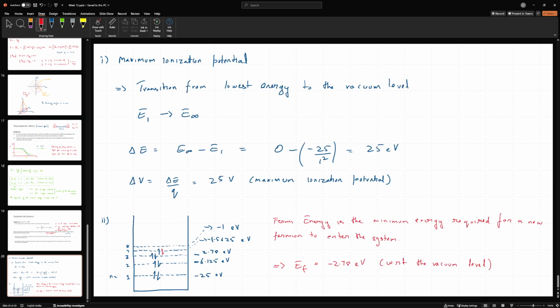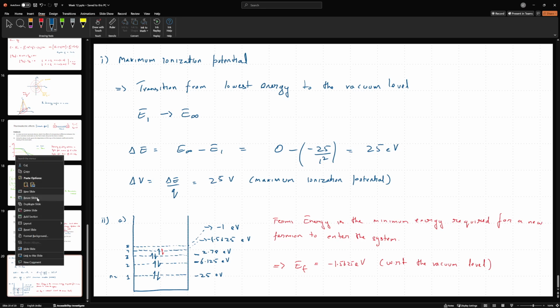It will go to the next energy level, which is, I'm sorry, 1.5625. The next energy level is going to be minus. So this is part 2A.